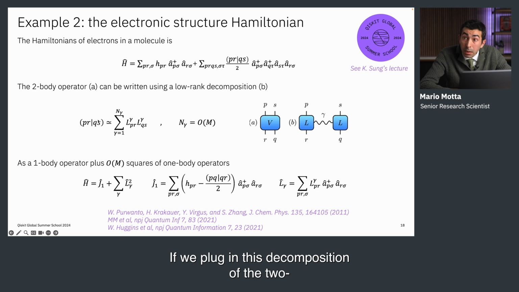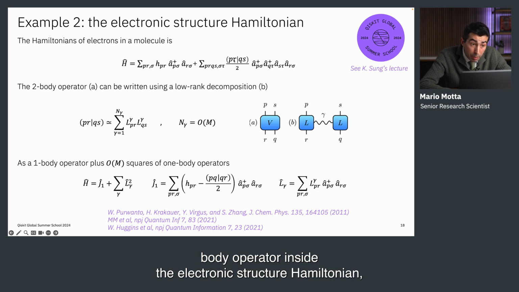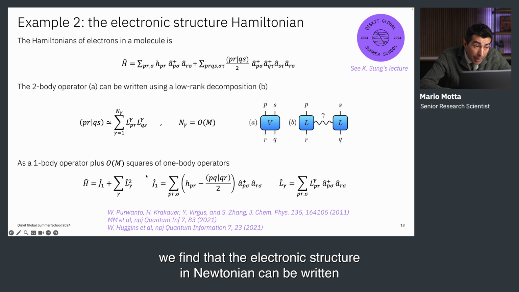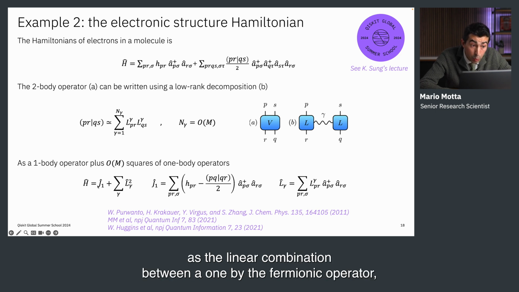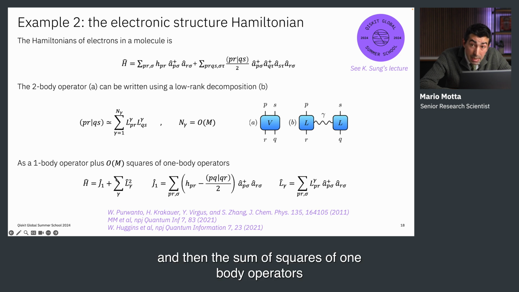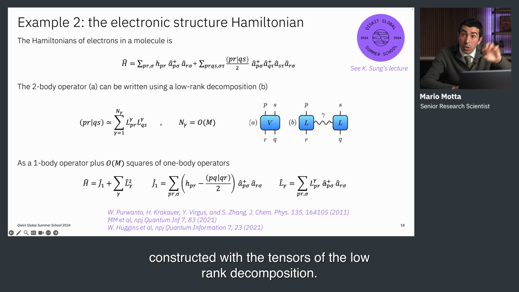If we plug in this decomposition of the two-body operator inside the electronic structure Hamiltonian and we rearrange the elements of the two-body part, we find that the electronic structure Hamiltonian can be written as the linear combination between a one-body fermionic operator, which does contain the electron repulsion integral, and then a sum of squares of one-body operators constructed with the tensors of the low-rank decomposition.